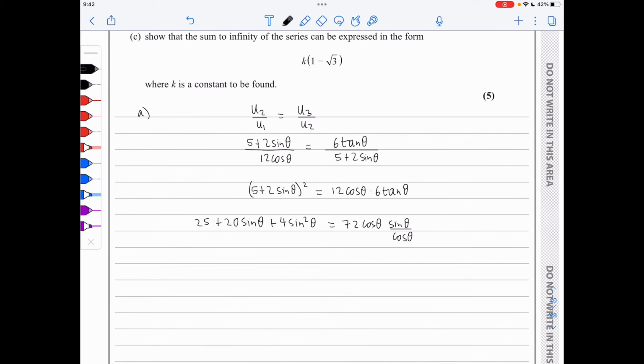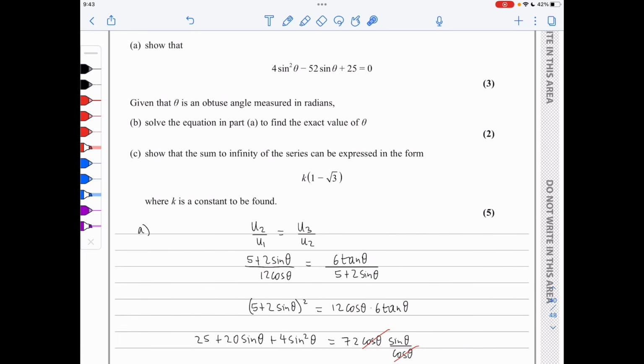We notice that the cos theta cancels out, and therefore collecting everything on the left hand side gives me 4 sine squared theta minus 52 sine theta plus 25 is 0 as required.